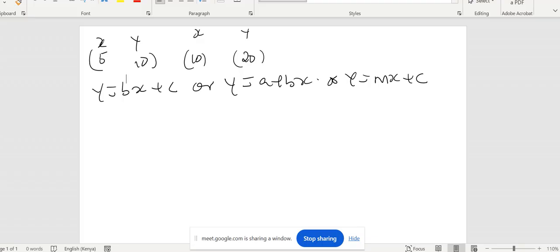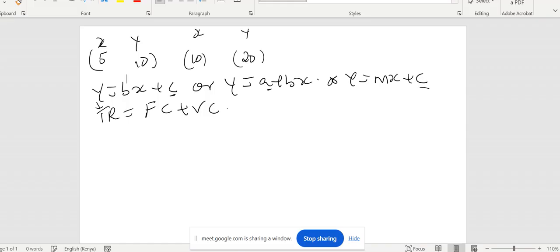And by the way, when you talk about total cost, it is fixed cost plus variable cost. Our total cost is y. Fixed cost remains constant, becomes c, becomes a.